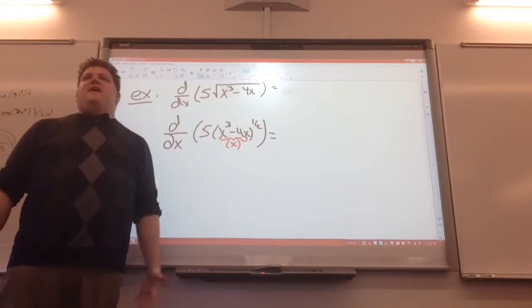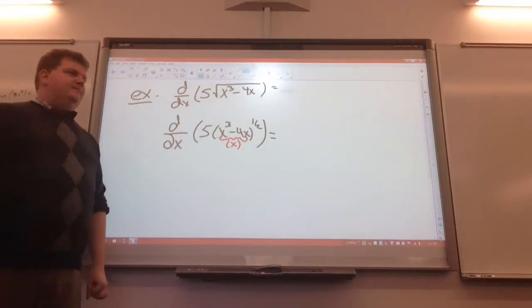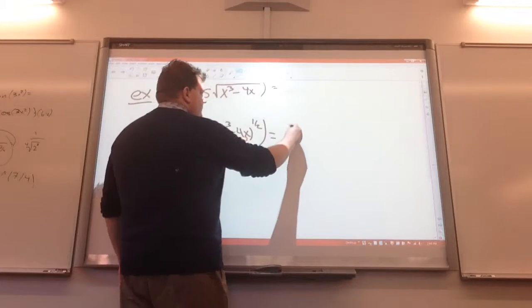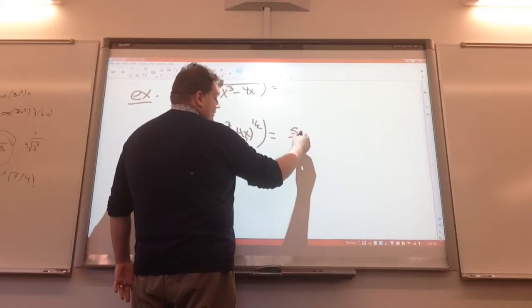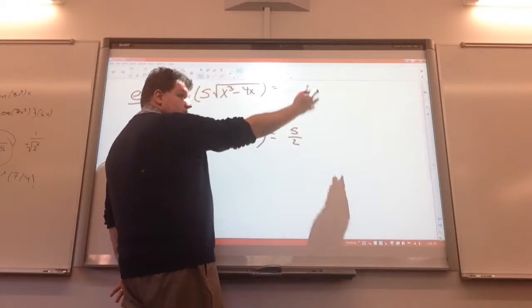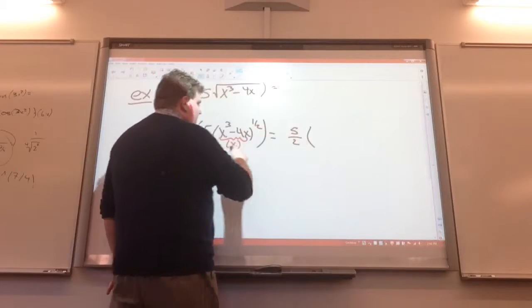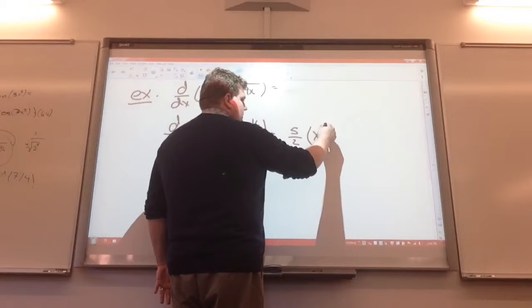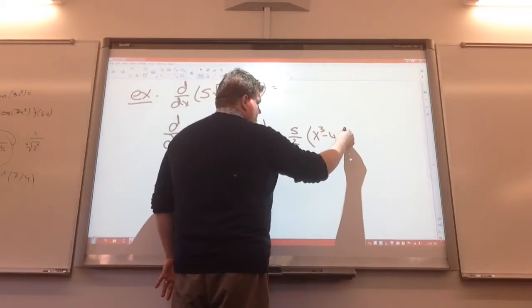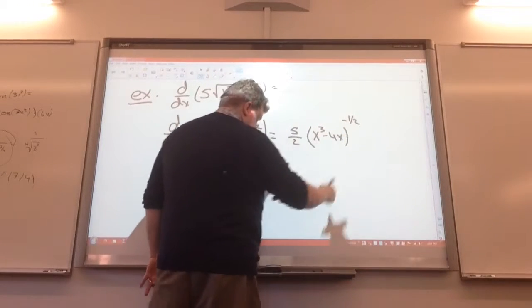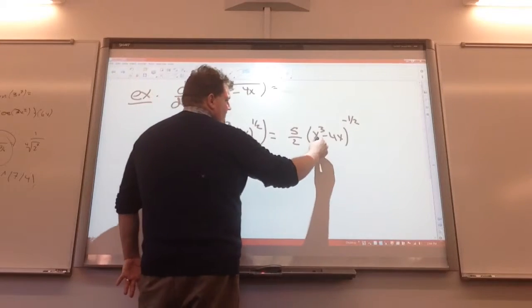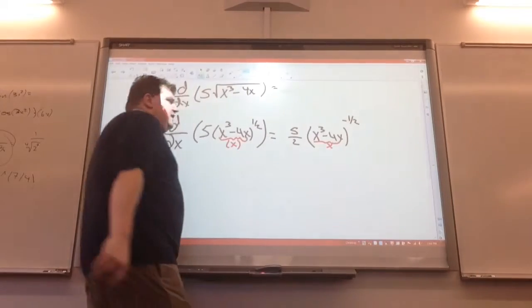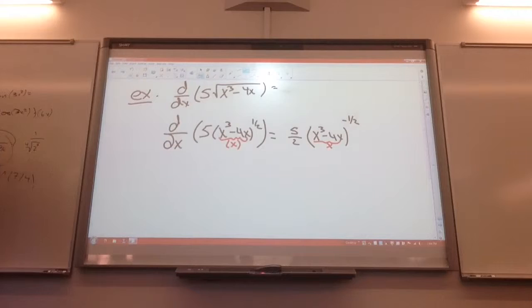What's the derivative of 5 x to the 1/2? 5 over 2 times x to the negative 1/2, right? But remember, it's not x here, it's x cubed minus 4x. So you see here, this is that same thing we're treating as x in here.